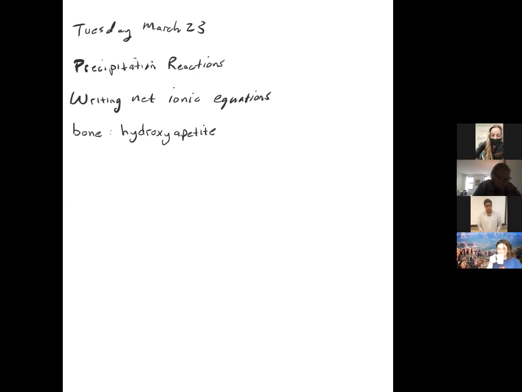It's complicated. Apatite. It's a complicated substance, but it's essentially a mixture of calcium and phosphate ions in the form of a solid. So this is called calcium phosphate.